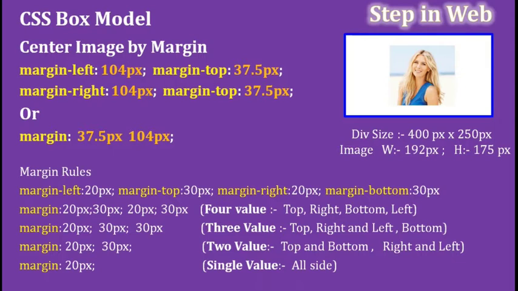If you specify 3 values, it will take the first as top, the second as right and left, keeping the same value, then the third goes to the bottom. If you specify 2 values, the first is top and bottom, and the second is left and right. If you specify a single value, all sides uniformly will be 20 px.